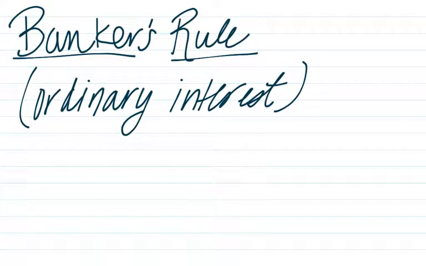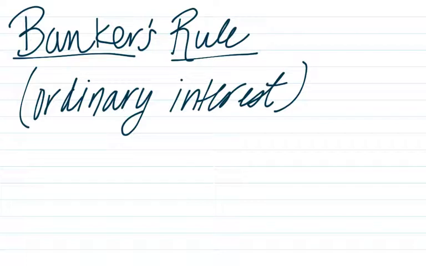So the most common type of simple interest is actually called ordinary interest. And with our book, it's pretty much assumed that anytime they're talking about simple interest, they mean ordinary interest unless stated otherwise. And the thing with ordinary interest is that we use something called the banker's rule.